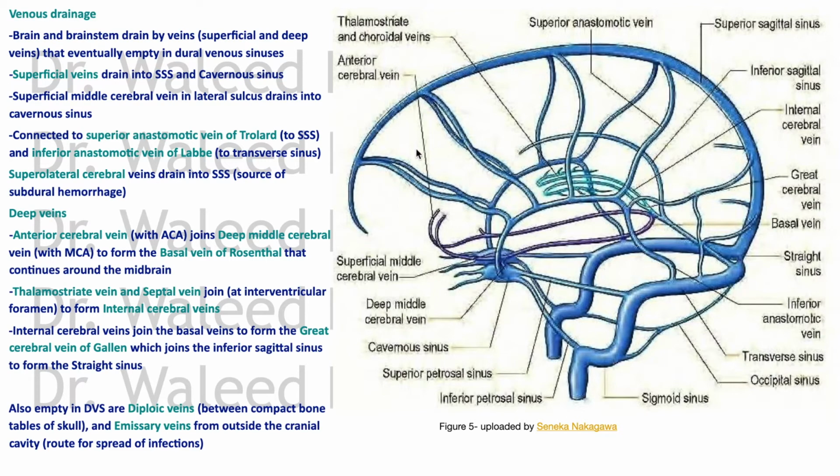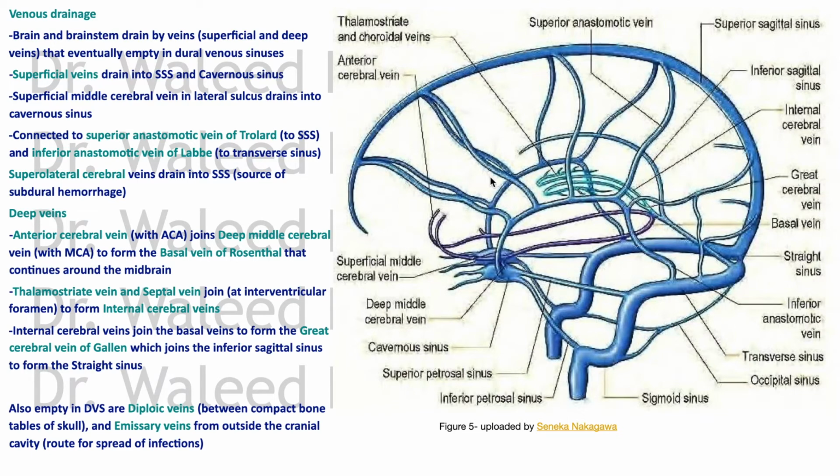That was a subdural hemorrhage due to tear of one of the superolateral cerebral veins, and because it's a potential space all over the skull, the blood spread and didn't manifest unless it made a significant pressure on the brain.